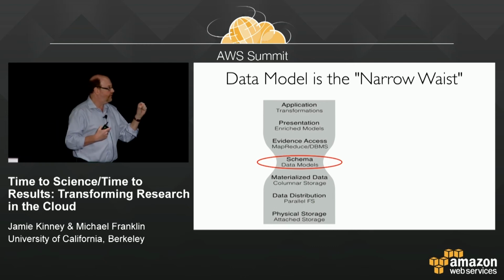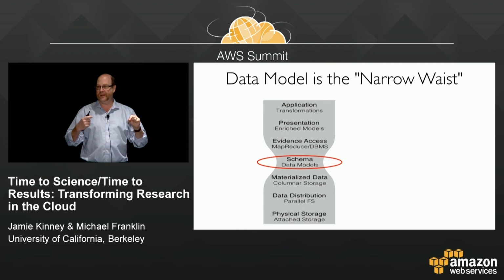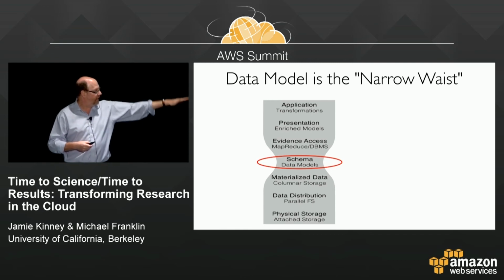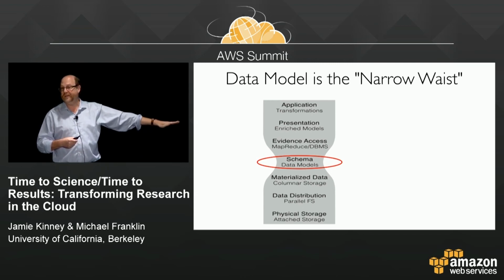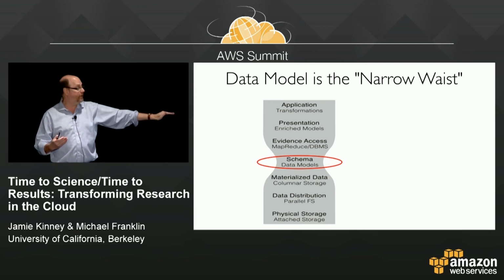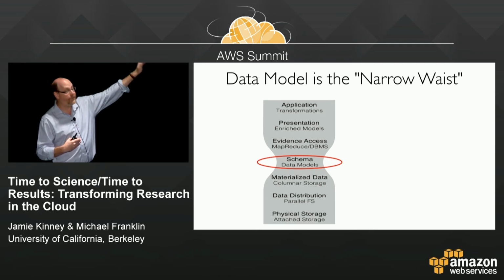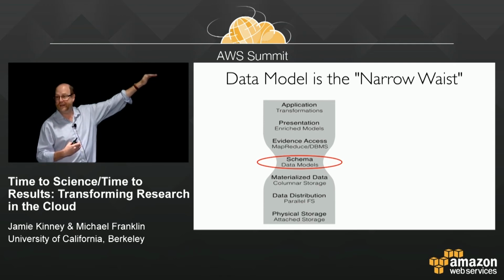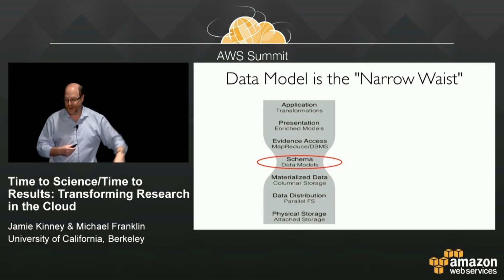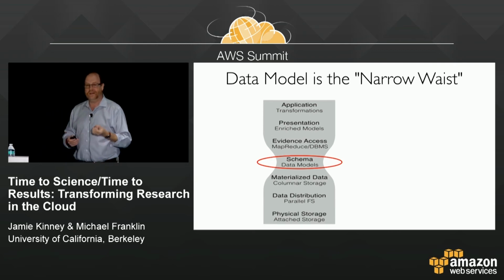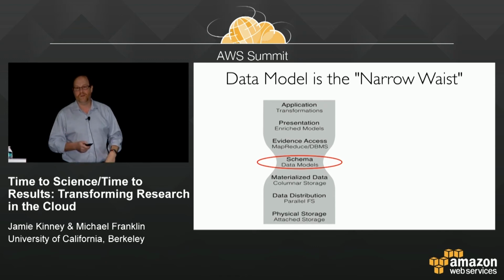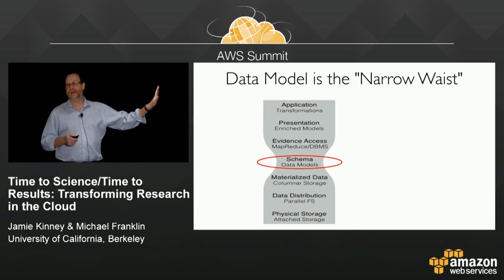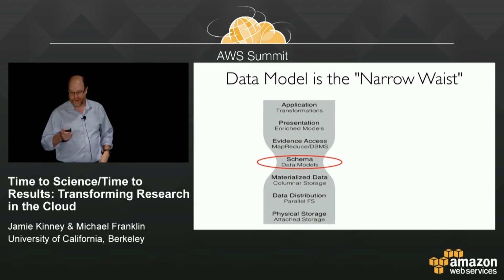So the idea is if you can describe the data logically, you can then leverage lots of developments and improvements at the lower levels in terms of storage formats and physical data storage. And at the same time, you can innovate at the higher levels for new algorithms. And so it's not a new lesson. It's the way database systems have been developed since the relational model was created. We're just trying to bring that knowledge into the scientific computing realm.